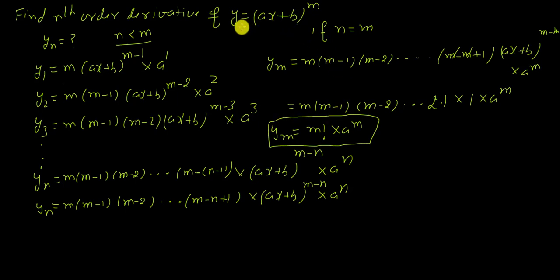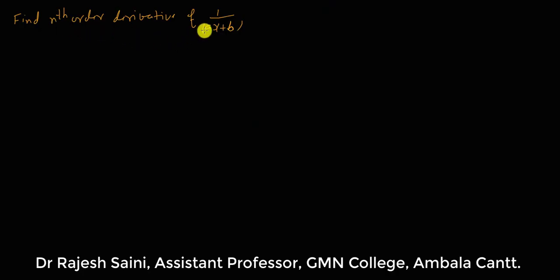So this is the nth order derivative of (ax plus b) raised to the power m. Now we will study the nth order derivative of one more simple type. This is the next problem, and in this we have to find the nth order derivative of 1 by (ax plus b). Let us suppose that y is 1 by (ax plus b).